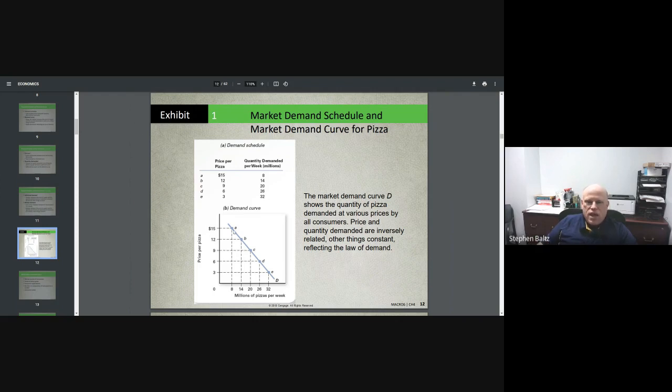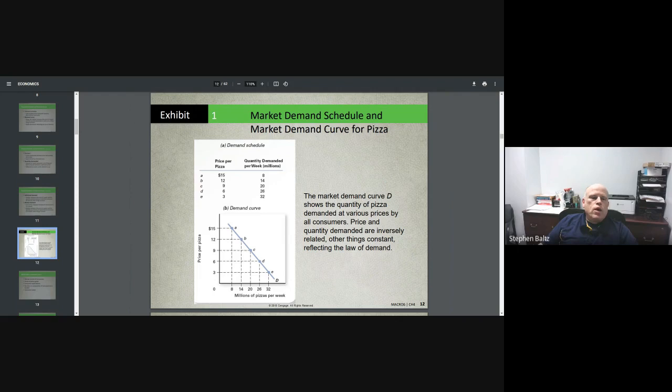So in this case, if we change the price of pizza from $15 per pizza to $12, then we're going to be moving from point A on this demand curve to point B. Okay, so that movement along a given demand curve is what we call a change in quantity demanded, and it can only be caused by one thing: a change in the price for that good that we're looking at, in this case, pizza.